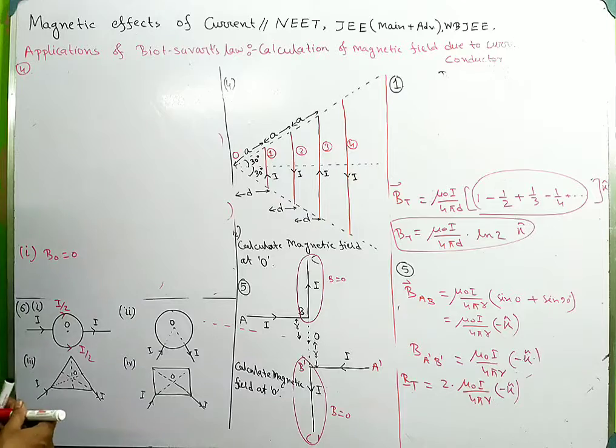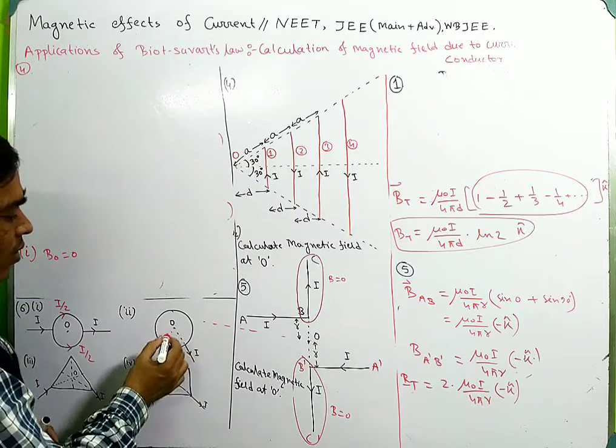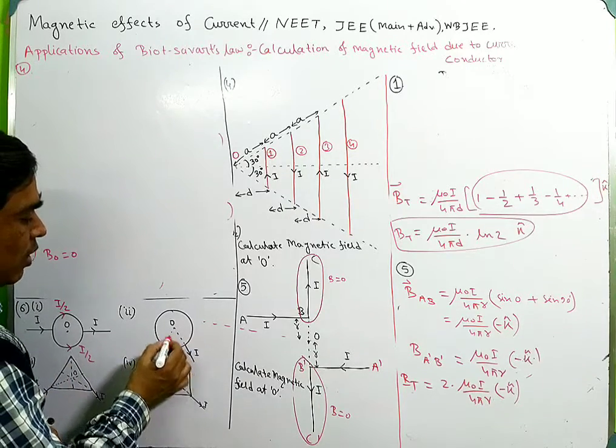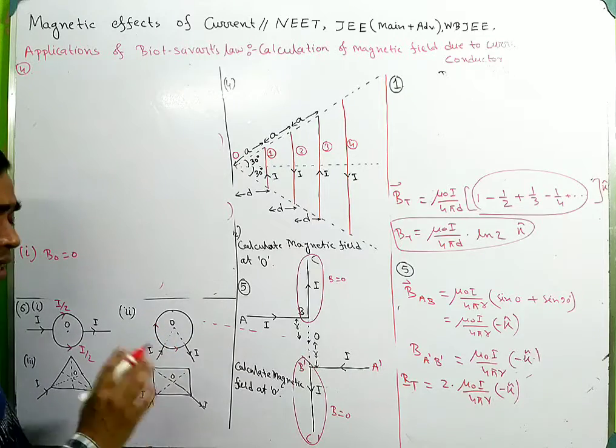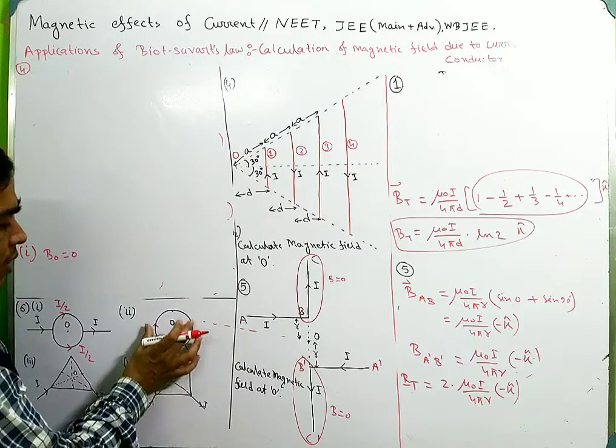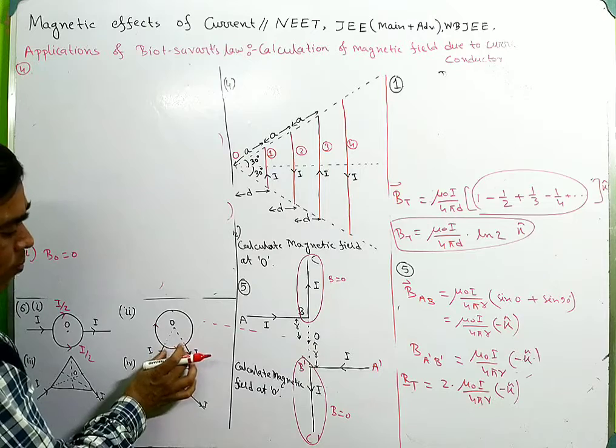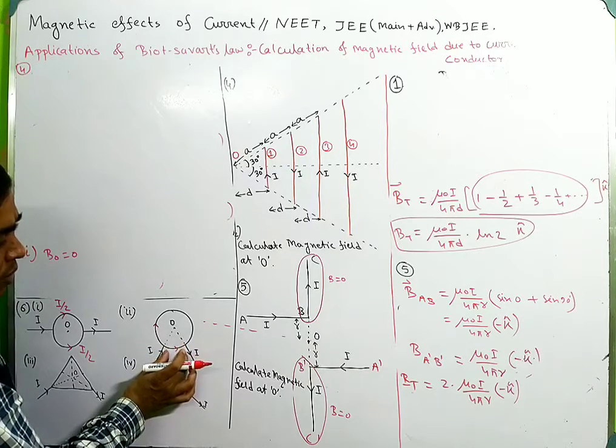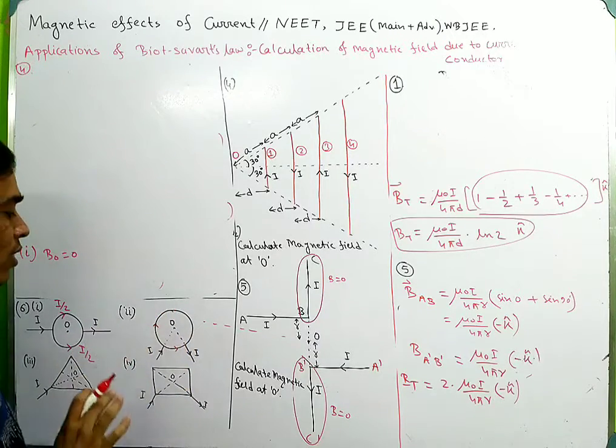In this case, suppose the current divides in this way, because this is wire, this is wire. More current will pass through this and less current through this.